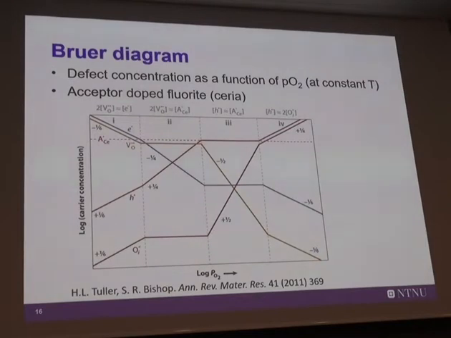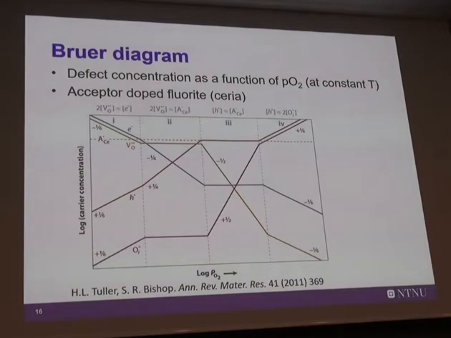Depending on the dopant level and the partial pressure of oxygen, you will have regions of PO2 which are dominated by some specific point defects. Again, you have to remember that all the point defects have to be charge compensated in some way. So here is the principle of electroneutrality given in these different regions.